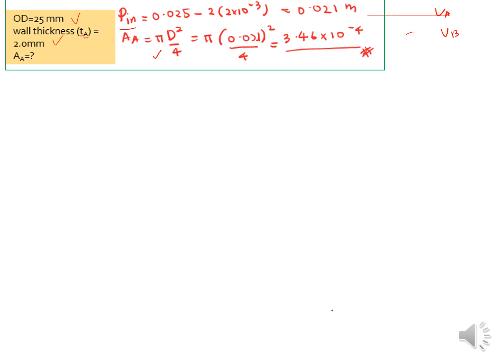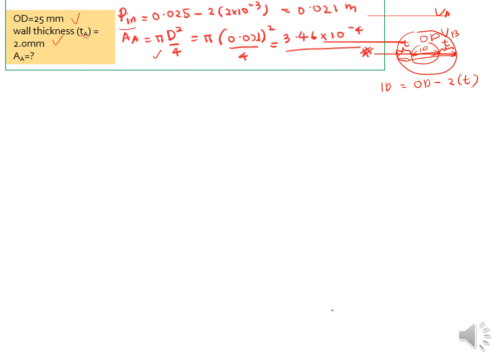So imagine that this is a pipe. This is the inner diameter, but the question only provides us the outside diameter at this line. So we need to deduct the thickness here and the thickness here. That's why the inner diameter equals the outside diameter minus 2 times the thickness value.